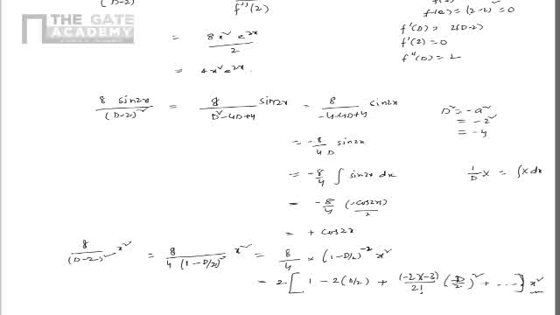So let's just simplify this. After simplification, this comes out to be 1 + D + (3D²)/4 + so on, into x². So this becomes basically 2 into x².